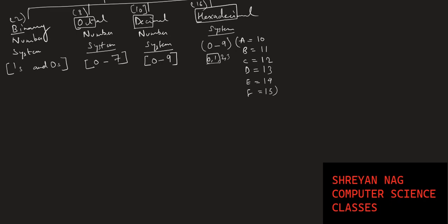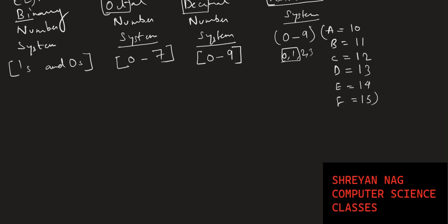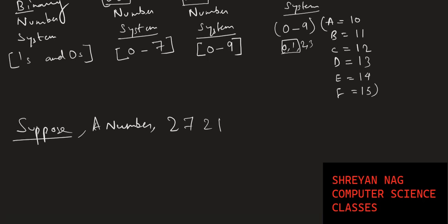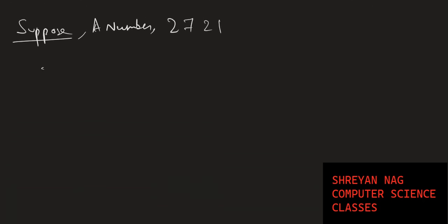Before that, we are going to learn what the things present in a number are. Suppose we take a number 2721. How do you differentiate whether it is a decimal number, an octal number or a hexadecimal number?